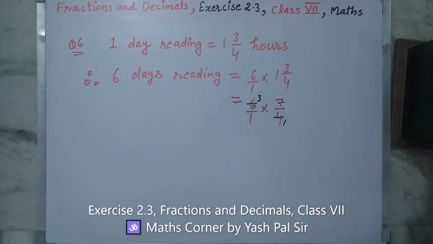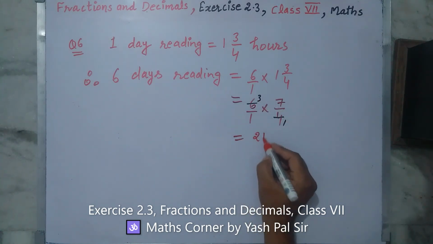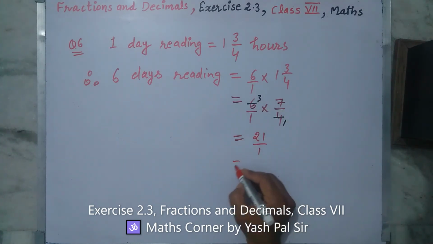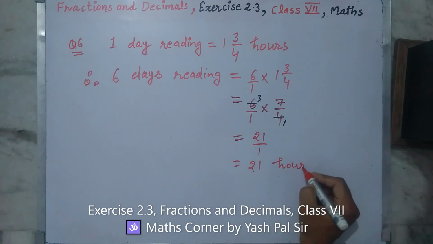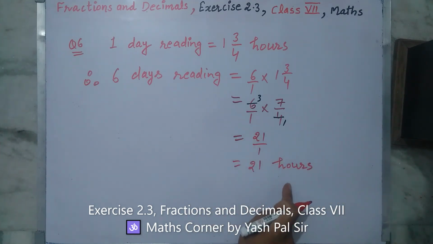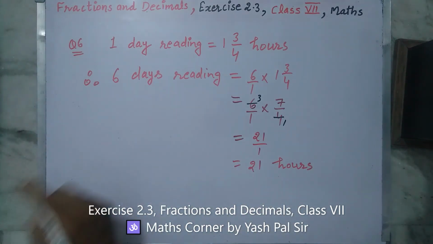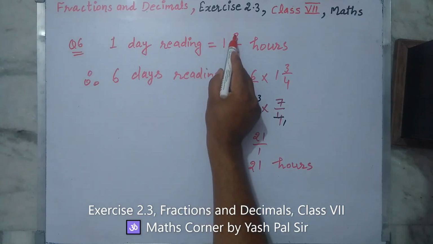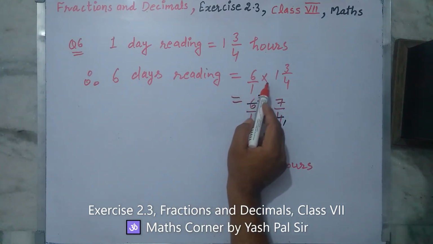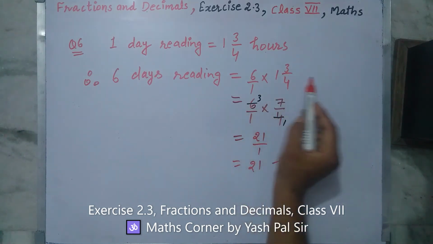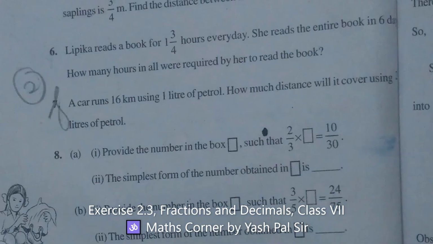So answer is 3 into 7, 21 upon 1, that is 21 hours. So this is the time required to read the whole book in 6 days. 1 day reading 1 and 3 by 4 hours, 6 days reading 6 by 1 into 1 and 3 by 4 hours. So this way, this is the answer.